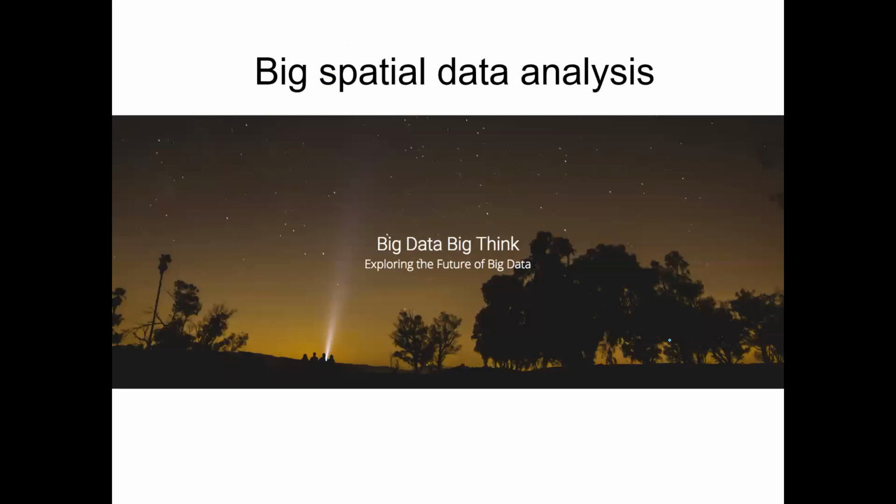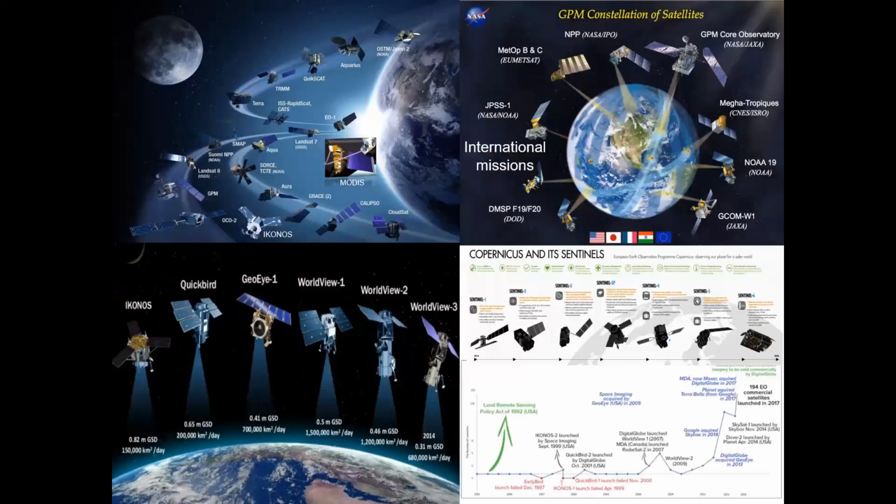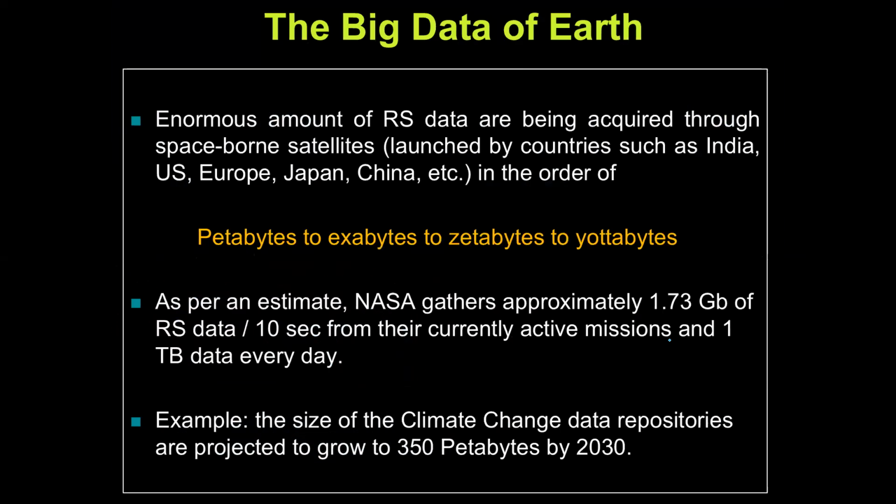Now let's move on and talk about big data. We have been talking about smaller toy data sets, smaller at a city level, simulated data, etc. But how will these algorithms perform when we actually think about big data? We all know there are numerous space-borne satellites currently providing huge amounts of data, on the order of petabytes, exabytes, zettabytes, yottabytes, and some of these are new terms.